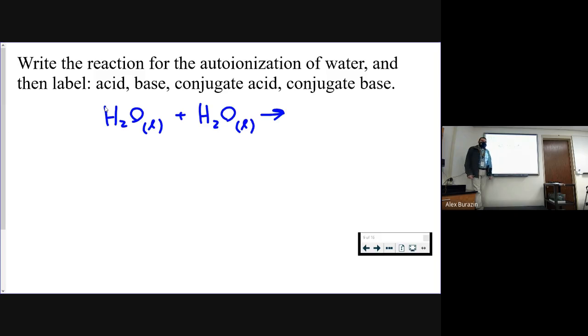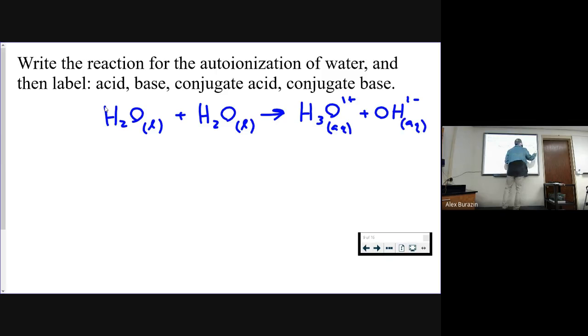And what we're going to do is a Bronsted-Lowry acid-base reaction. So one of these waters is going to donate a hydrogen. The other water is going to accept the hydrogen. When that happens, we end up with H3O1 plus and OH1 minus.